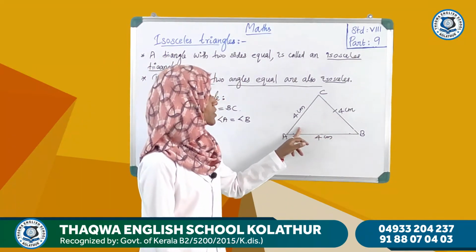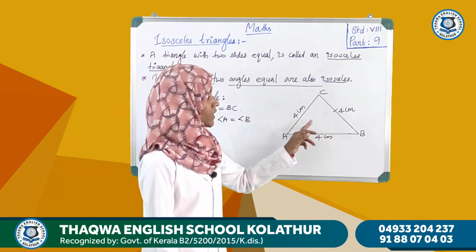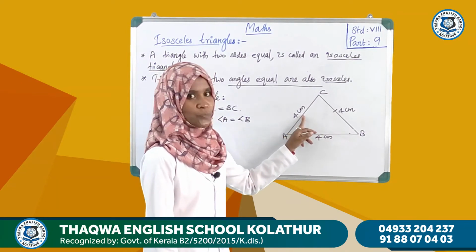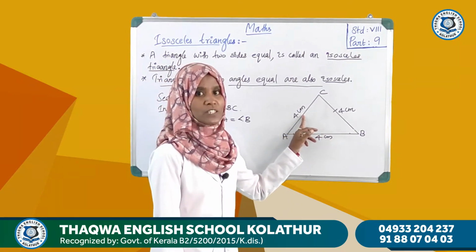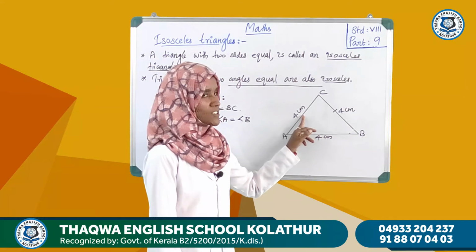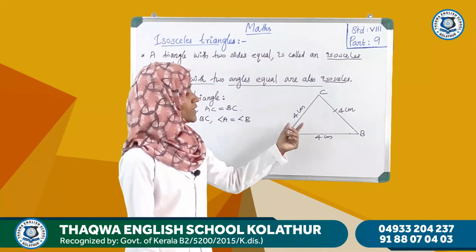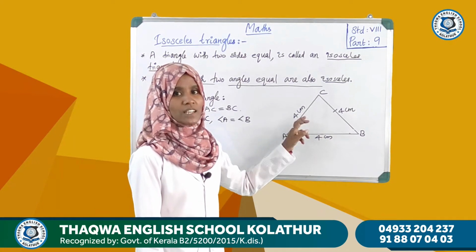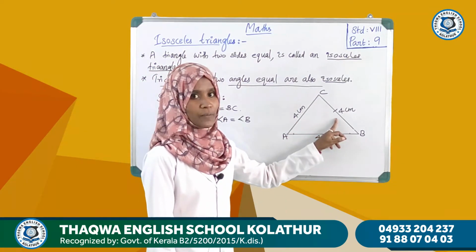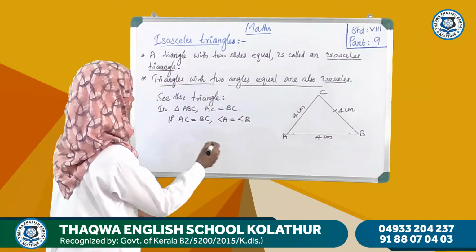Angle A is opposite to BC, angle B is opposite to AC, by using our last result. What's the last result? If two sides of a triangle are equal, then the angles opposite these equal sides are equal.